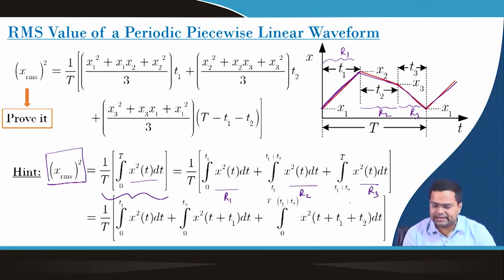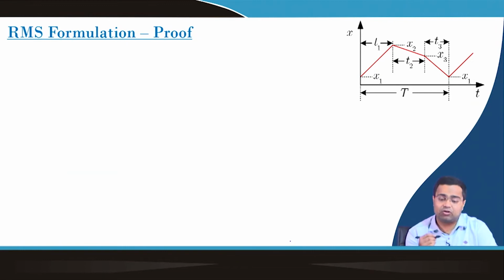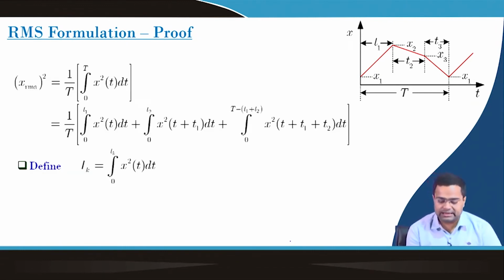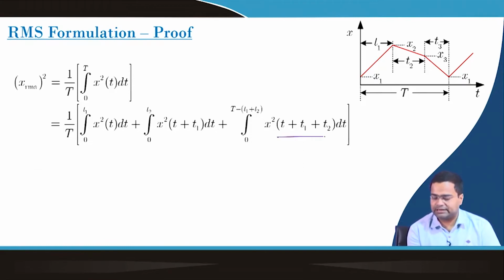Now, this is a definite integral, so we can change the integral limit, and accordingly we have to update the time. We have just changed the integral limit, and in the next slide we are continuing with that RMS waveform with the integral limit that we have already discussed.